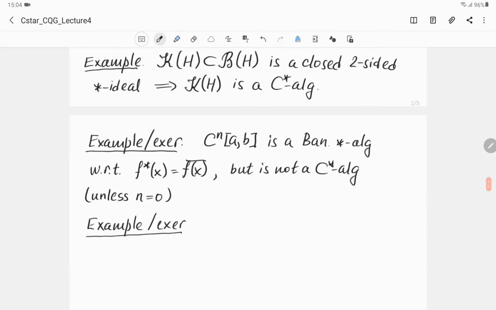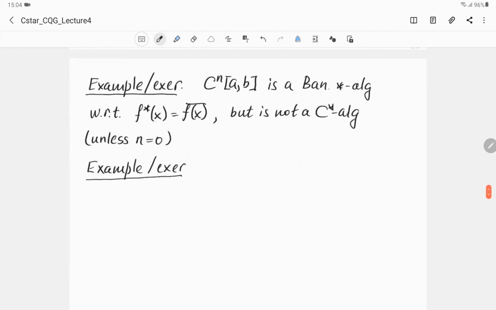Let's now look at the disk algebra A(D), which consists of those continuous functions on the closed unit disk, which are holomorphic on the open disk. So I claim that this is a Banach star algebra with respect to the following involution.